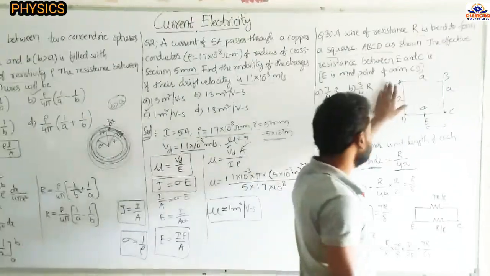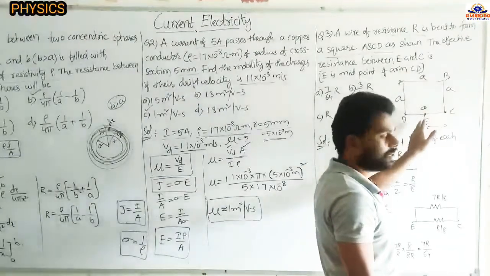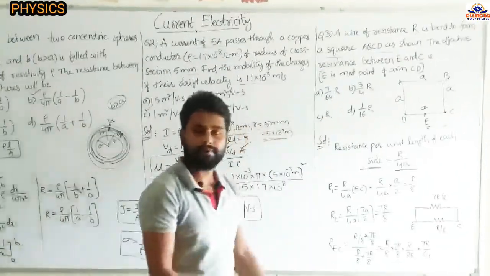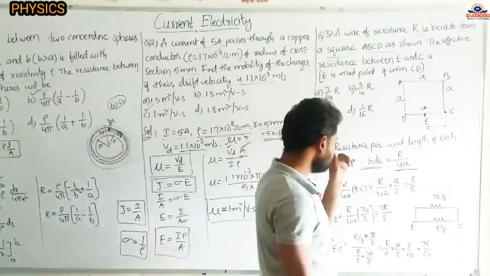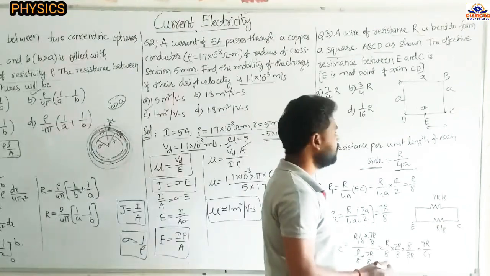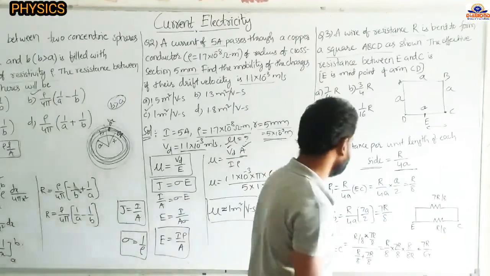This side R by 4A, this side R by 4A, R by 4A, R by 4A. So 4R by 4A, the 4 cancels, giving R. A is the unit length we are considering.